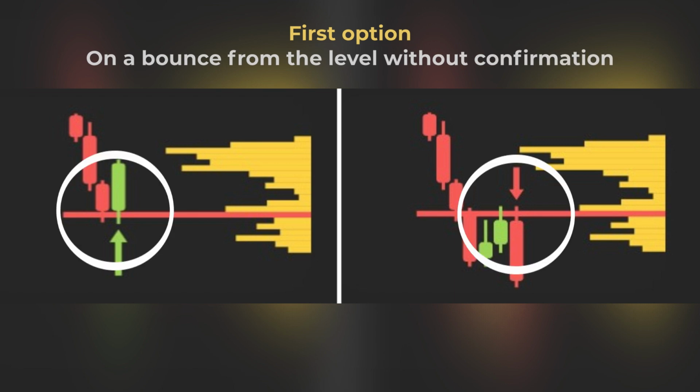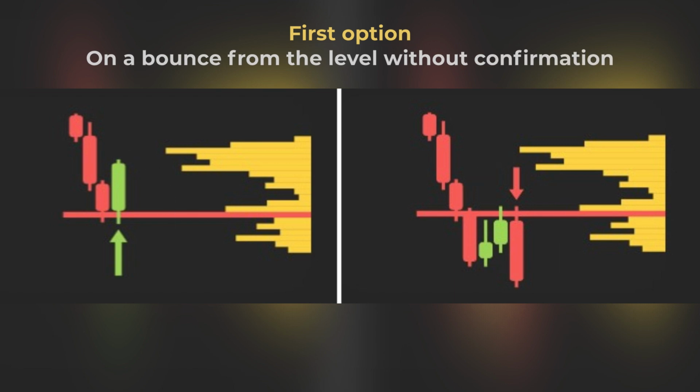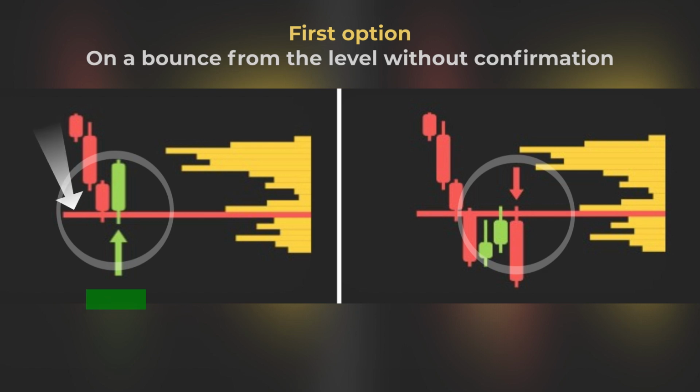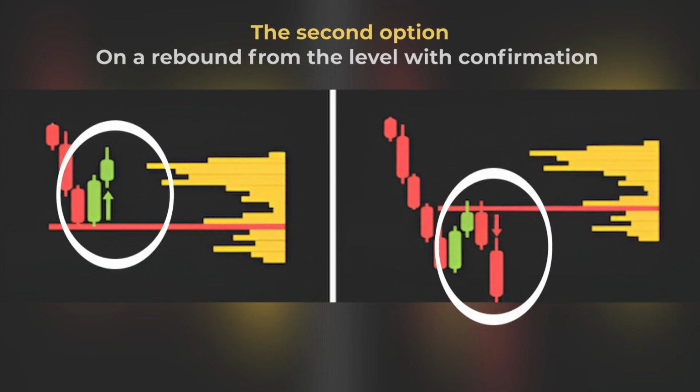In this mode, the trader does not wait for additional confirmation of the signal, but immediately opens positions as soon as the price touches the global volume level. The direction of the transaction depends on which side the price approaches the level from. If from top to bottom, we buy the call option. If from bottom to top, we buy the put option.